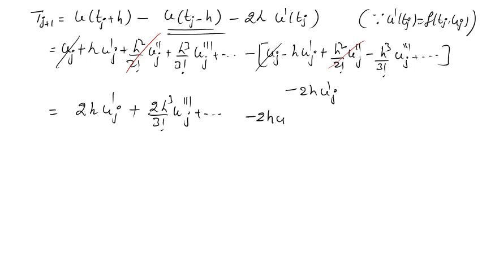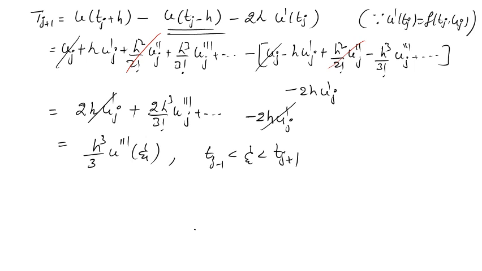And what is the last term? Minus 2h u dash j. Now these two are getting cancelled. So finally, what is the leftover term? h cube by 3 factorial, 6, means u triple dash xi, I will write, neglecting the other terms, where xi belongs to tj minus 1 less than xi less than tj plus 1. Okay, so one can write this is less than or equal to h cube by 3 capital M3. What is M3 means?